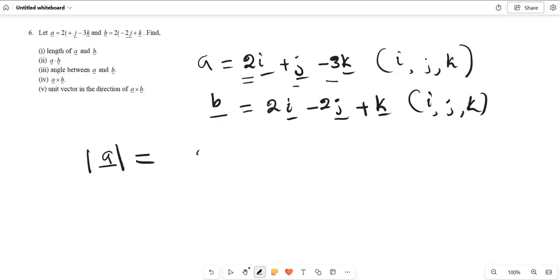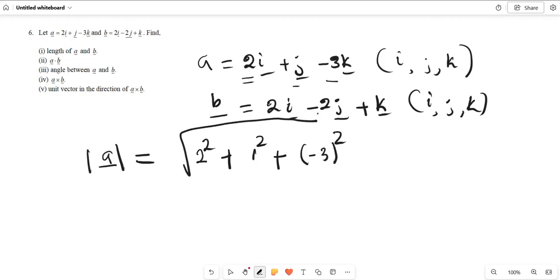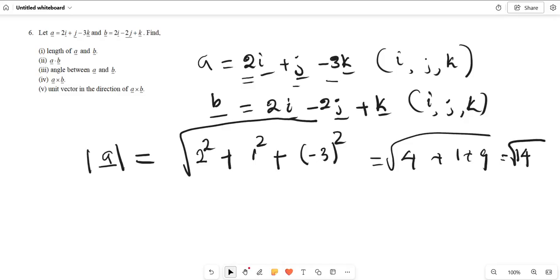That is 2, square of 2, plus what is the j coefficient? That is 1, so 1 squared, plus what is the k coefficient? That is minus 3, and you want to square the minus 3 as well and get the square root of that. So what's the answer here? Here this is 4 plus 1 plus 9, and 9, 4, 13, and plus 1 is 14. So that is square root of 14.